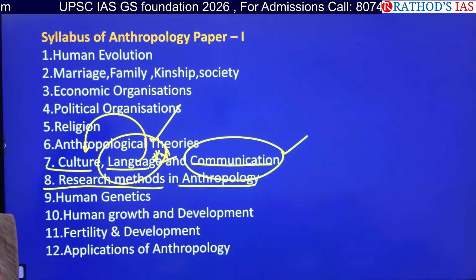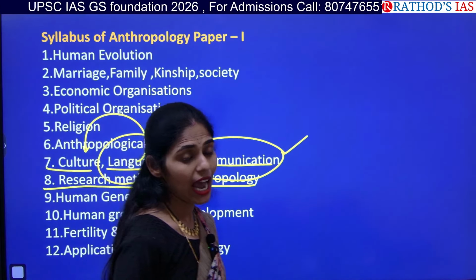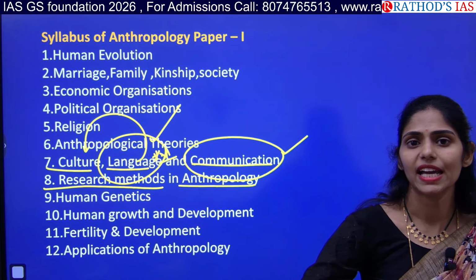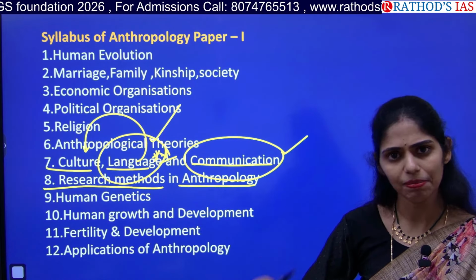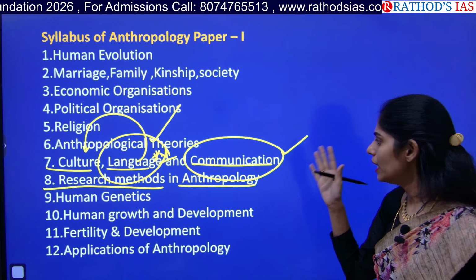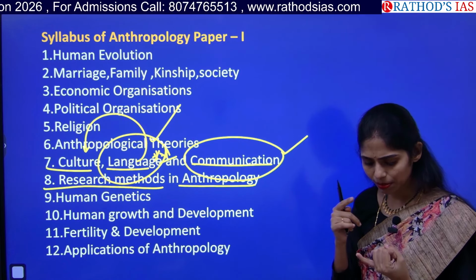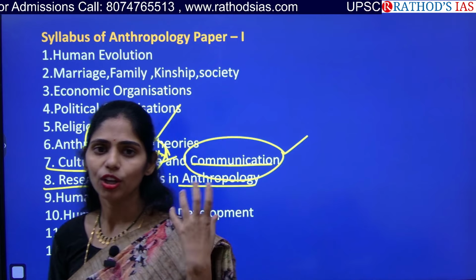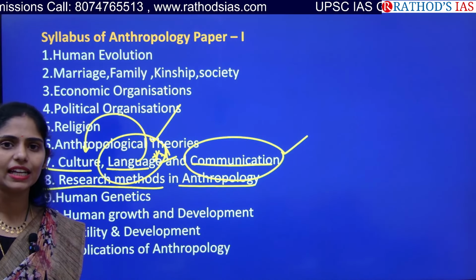Especially in socio-cultural anthropology, anthropologists do fieldwork. They go to the place and study things in that place itself, right? In research methods, they use different methods of data collection, called tools of data collection.